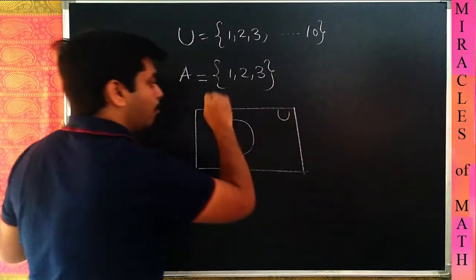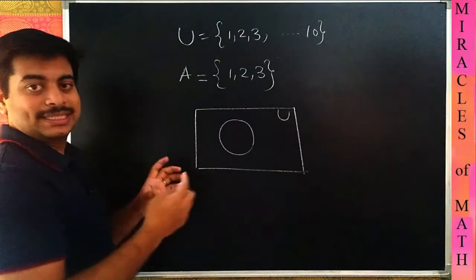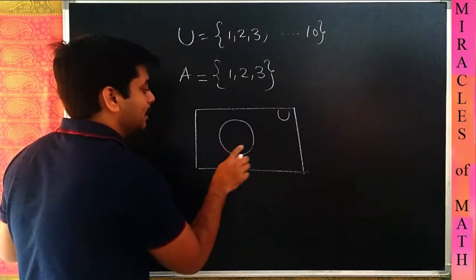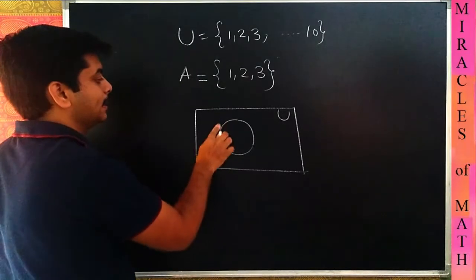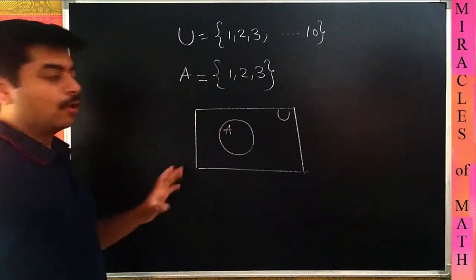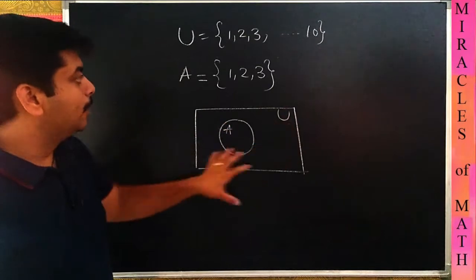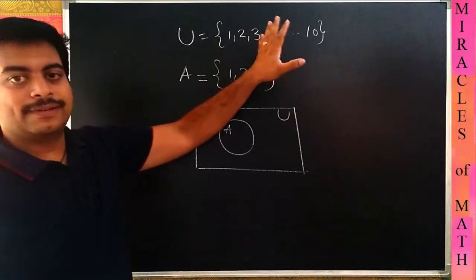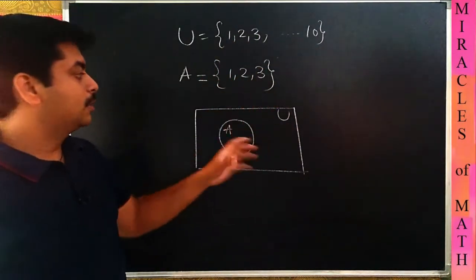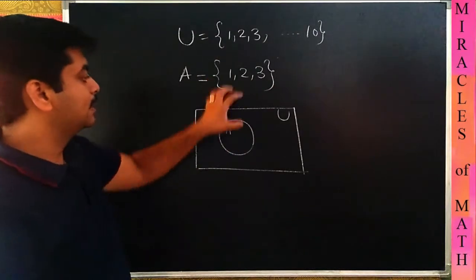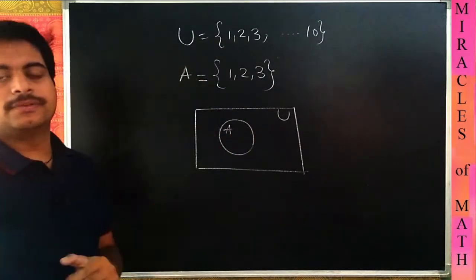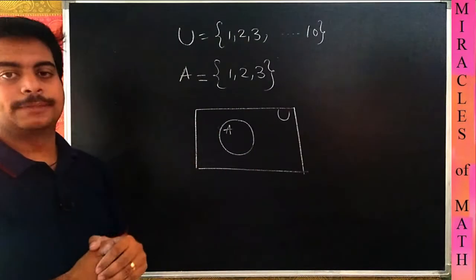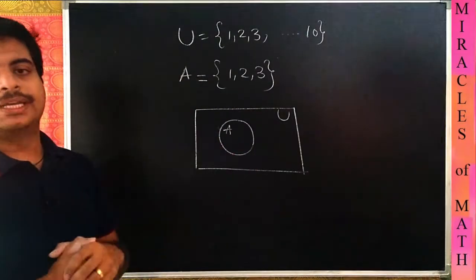The outer box is U, which is the universal set, and the inner circle is set A. Inside the complete universal set 1 to 10, we want to include only 3 elements in set A, which is treated as a circle. Simplest form of Venn diagram.